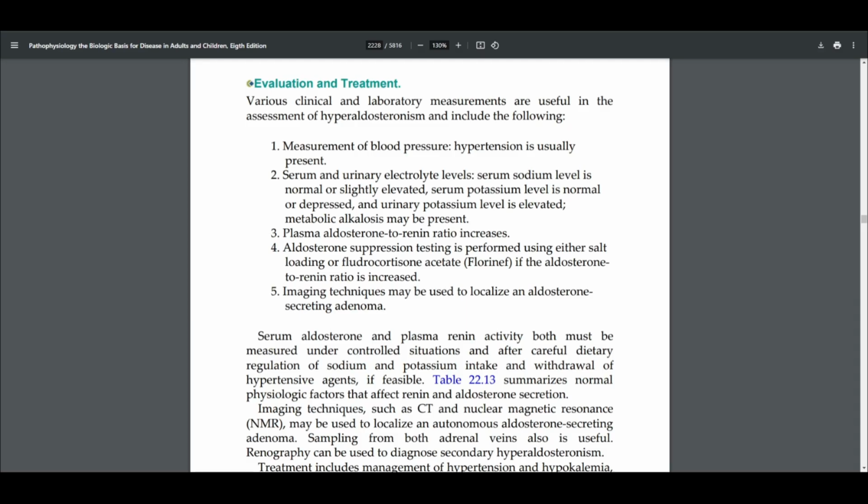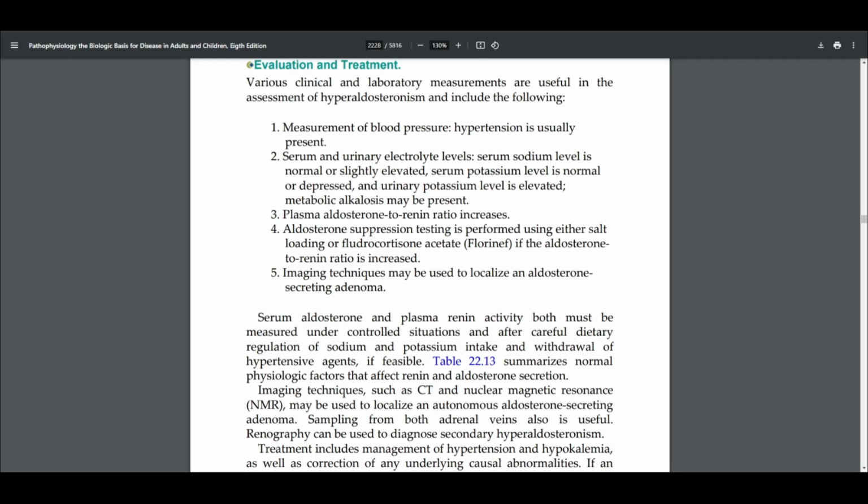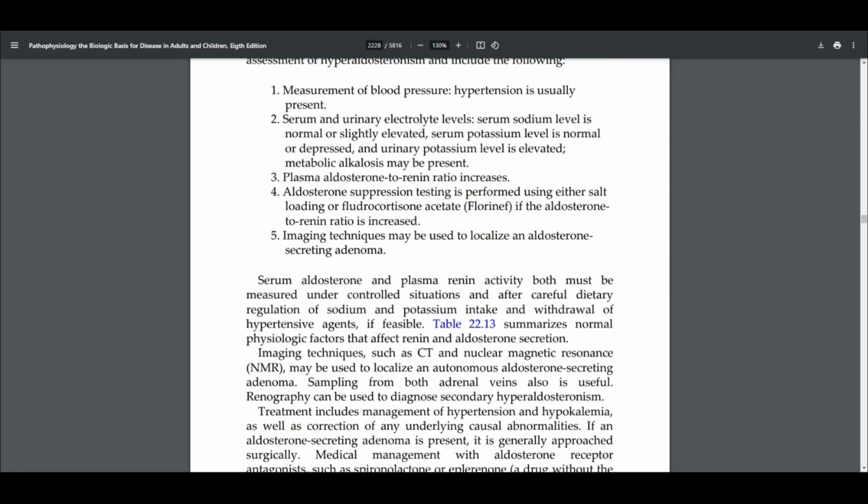Plasma aldosterone to renin ratio increases. Aldosterone suppression testing is performed using either salt loading or fludrocortisone acetate if the aldosterone to renin ratio is increased. Imaging techniques may be used to localize an aldosterone-secreting adenoma.